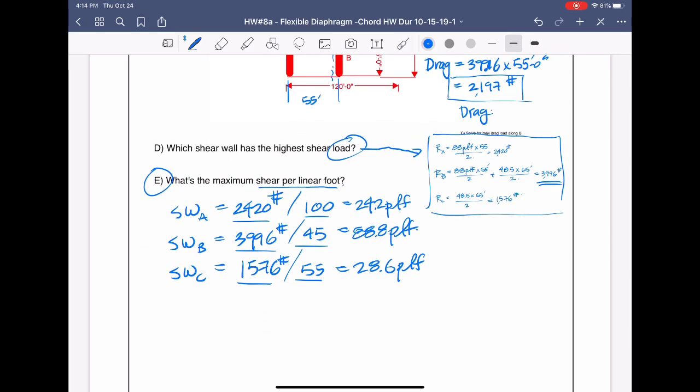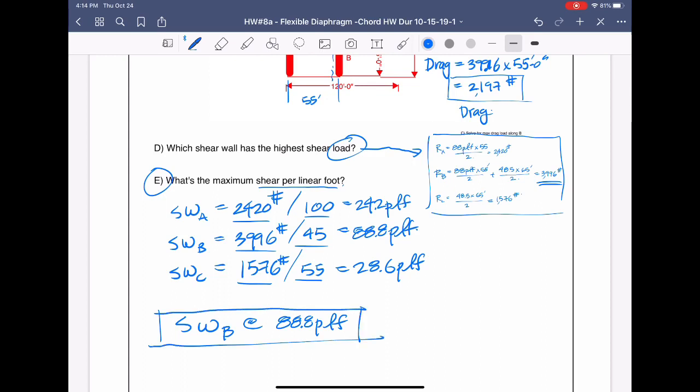Therefore, shear wall B at 88.8 pounds per linear foot has the highest shear per linear foot load on that shear wall. And that actually solves it.